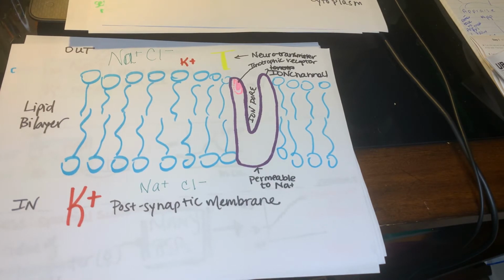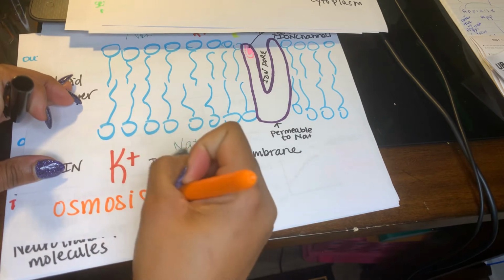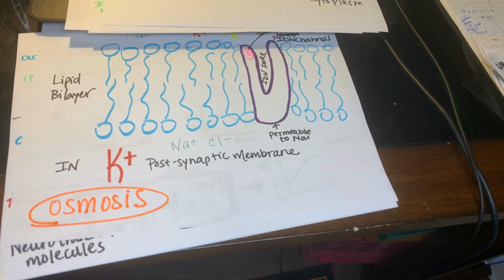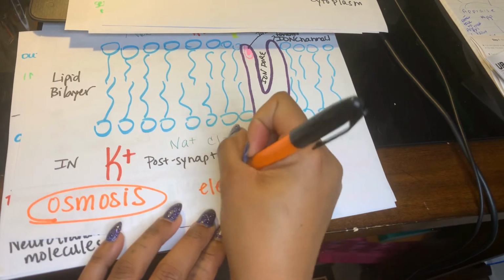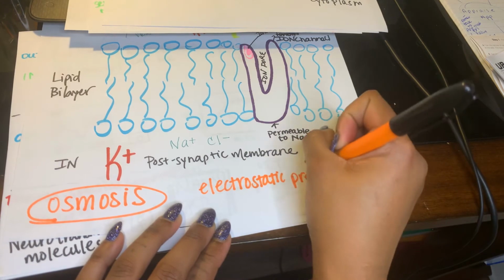Now, when sodium comes into the cell, it is able to do this through two forces. One is called osmosis, which is the force when particles in the solution go down a concentration gradient. And the other force is electrostatic pressure.